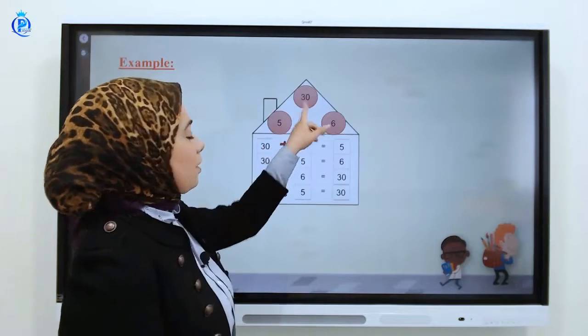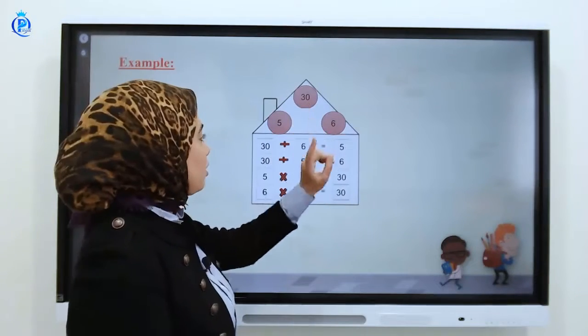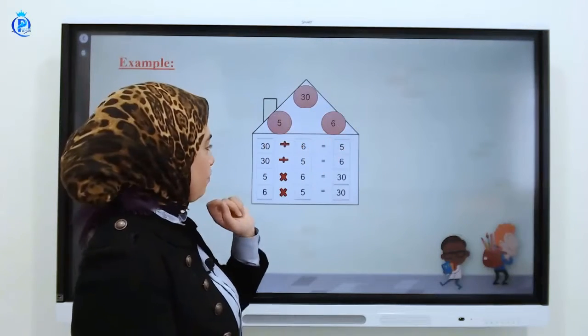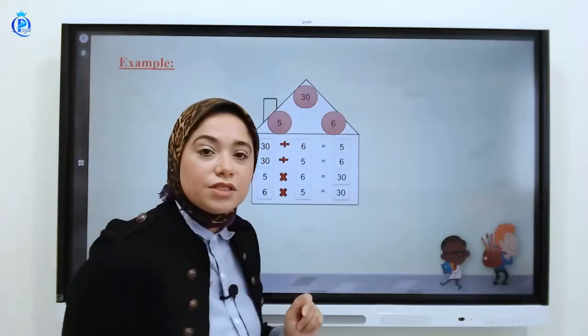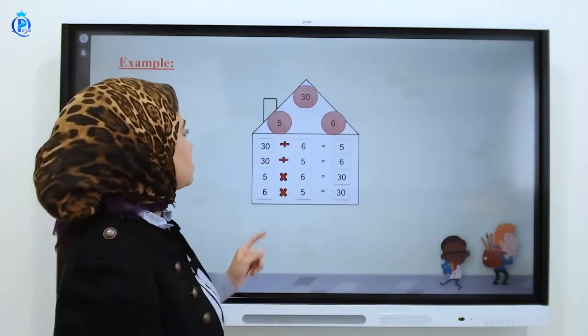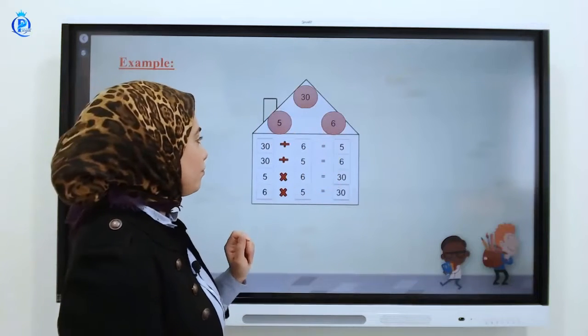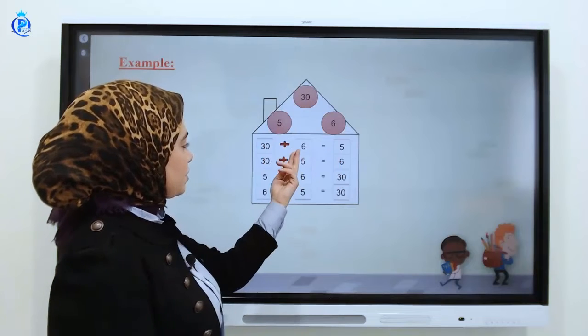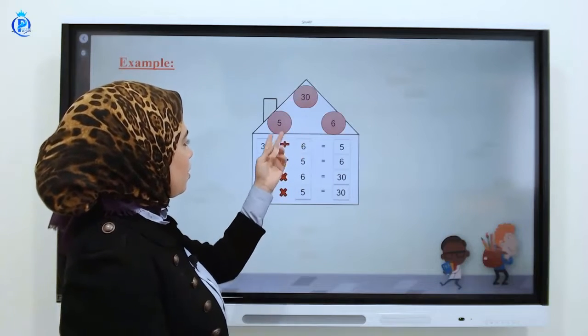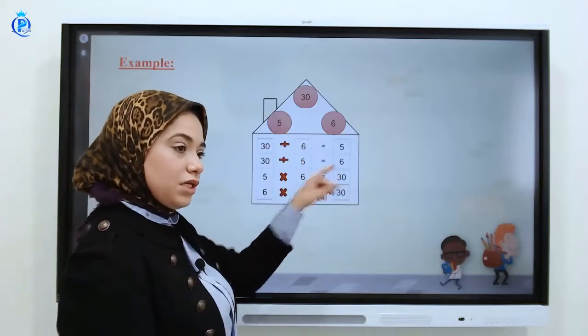Look at this. Can you tell me the 3 numbers? Yes, it's 30, 6 and 5. What is the first equation? Think about it. Yes, it's 30 divided by 6 is equal to 5. And I will exchange with another number. 30 divided by 5, I will get 6.